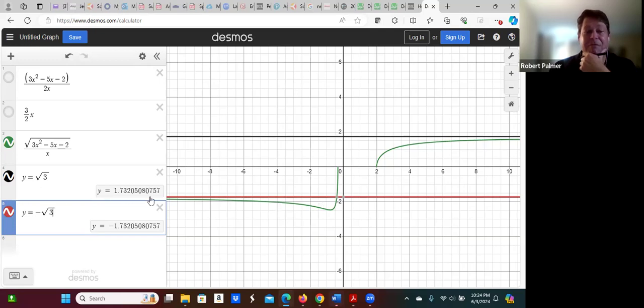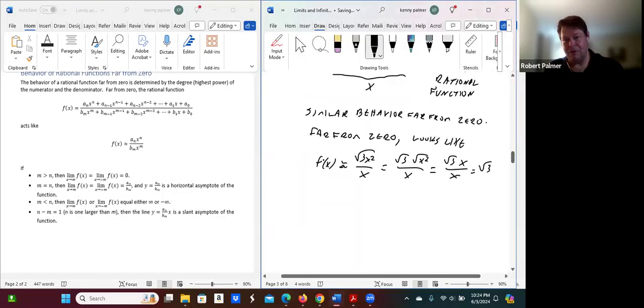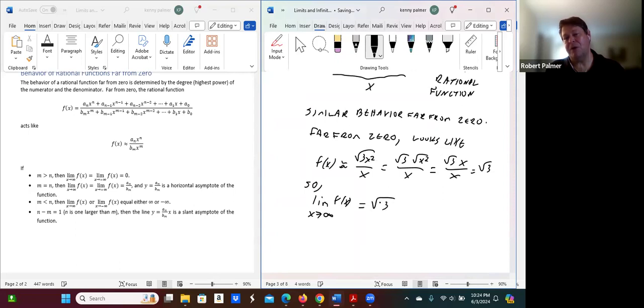If it goes to negative infinity, it goes to negative square root of 3, or approximately negative 1.73. So the limit as x goes to positive infinity of f of x is equal to the square root of 3, which is approximately 1.73. And the limit as x goes to negative infinity of f of x is negative square root of 3, which is approximately negative 1.73.